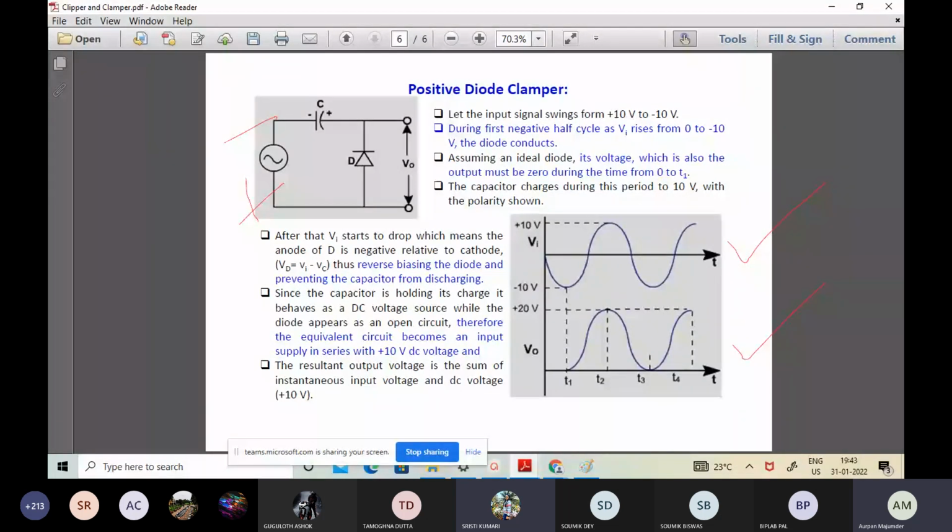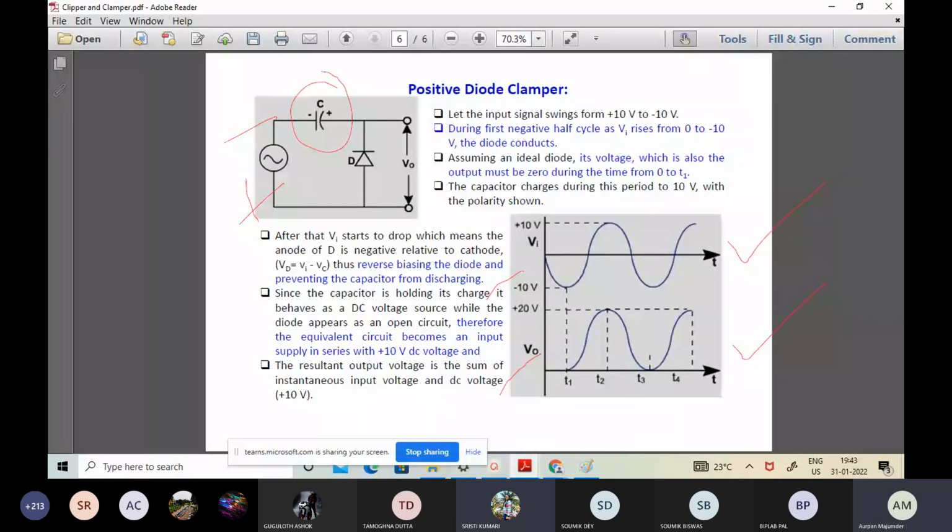So we are talking about the reverse half cycle of the input waveform. When we talk about the reverse half cycle of the input waveform, the diode will be in the conduction phase as long as the capacitor C gets charged up to 10 volts, as being shown, with the polarity depicted clearly for the capacitor. And the information is also shown in these two diagrams.